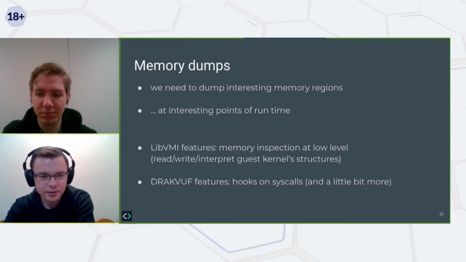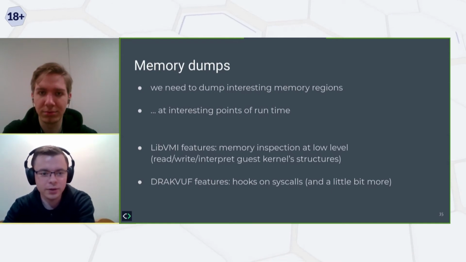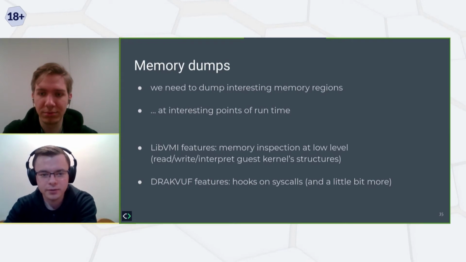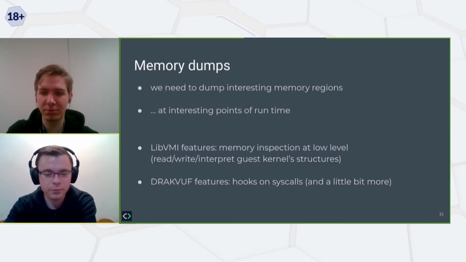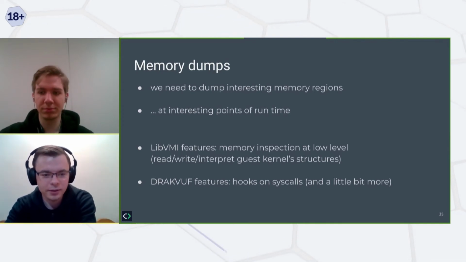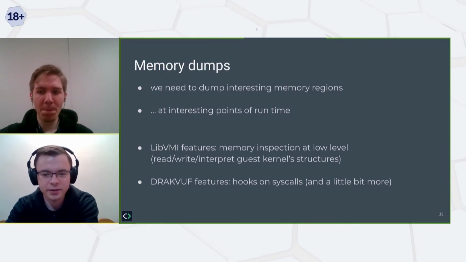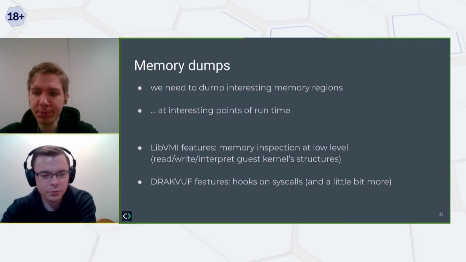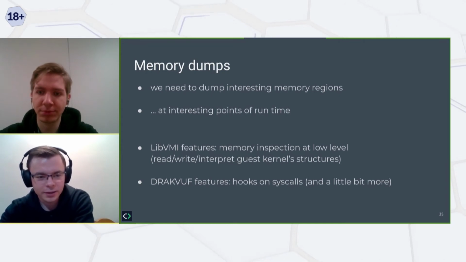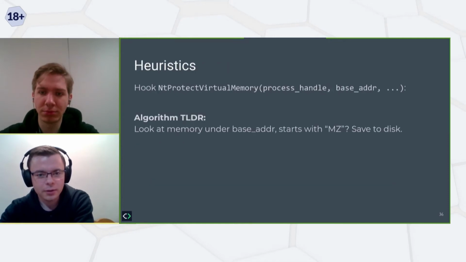And LibVMI features, so we could inspect the memory of the virtual machine at a low level, so we could write, read, and interpret guest kernel structures. So we basically have at least a little bit of understanding of what is happening inside the guest VM's kernel, but we have no clue about the guest user mode. We will talk about this a little bit later.